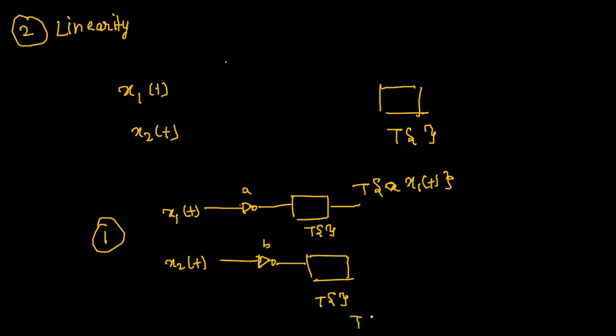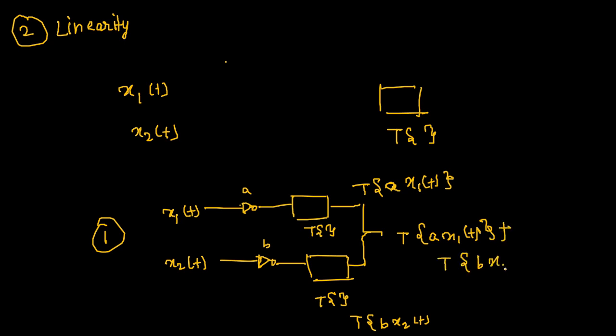So here I get T of b x2 of t, and then I add the outputs that you get from both of the systems. So I have T of a x1 of t plus T of b x2 of t. So this is just my LHS in the equation.